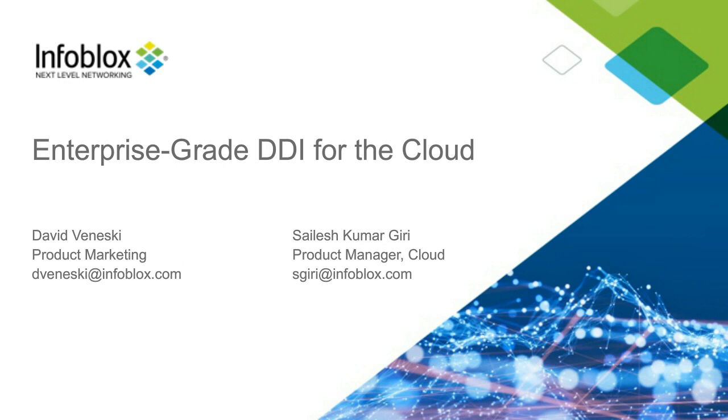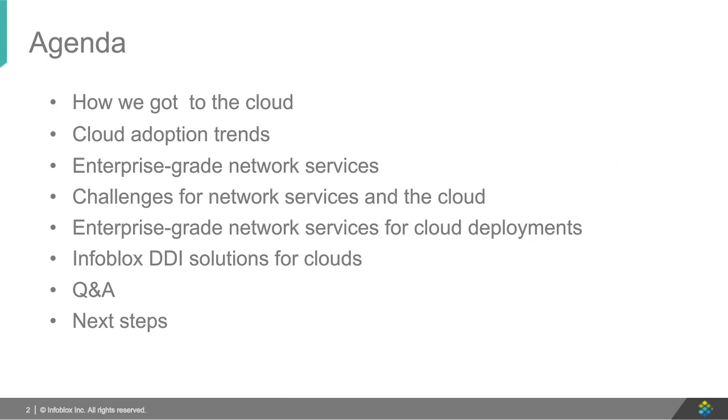So with that, let me move along. So quickly, the agenda. We're going to talk about how we got to this whole cloud discussion, some of the trends we see, some of the trends the experts see, enterprise-grade network services, kind of what is that, what do we think that means, and then some of the problems that we either experience on behalf of our customers or the ones that we're being told about.